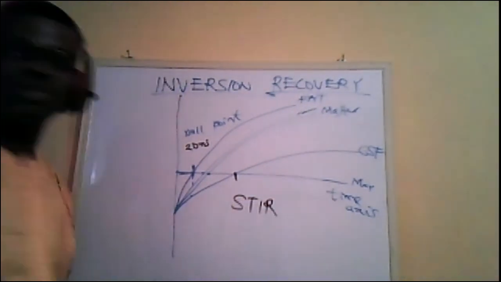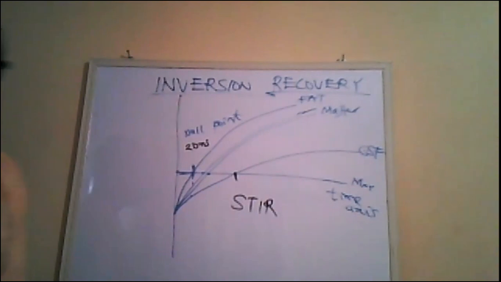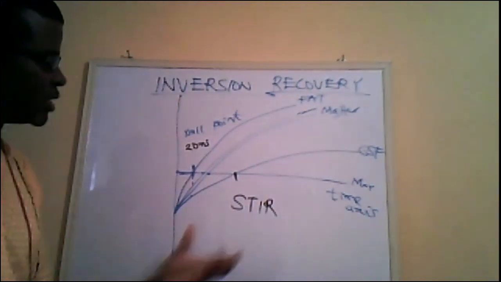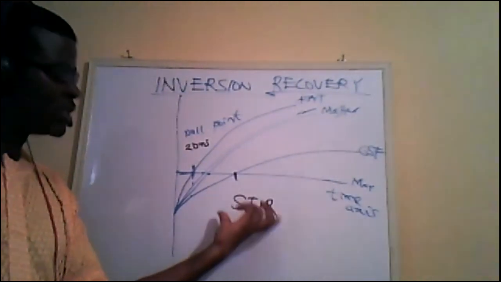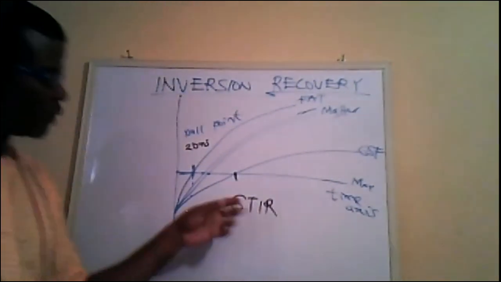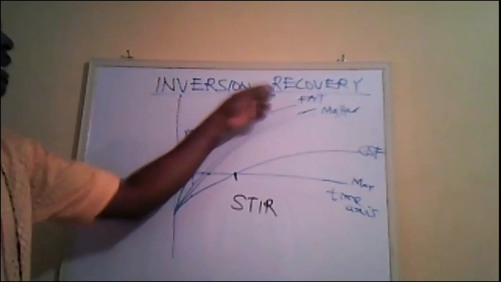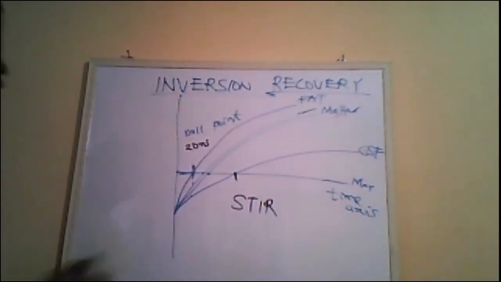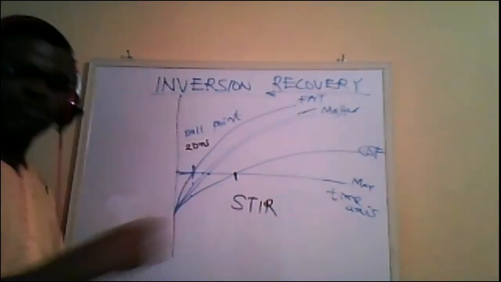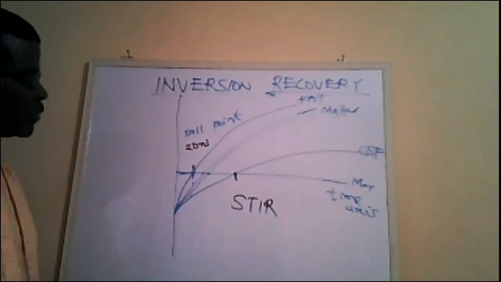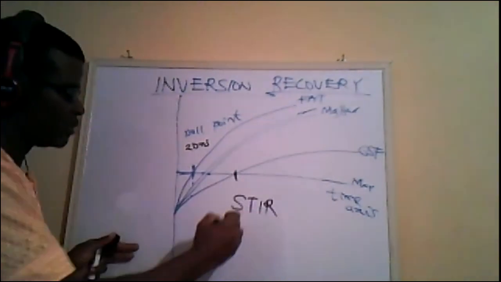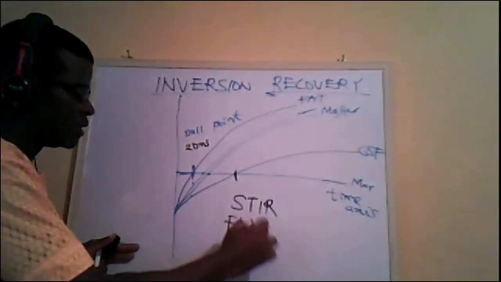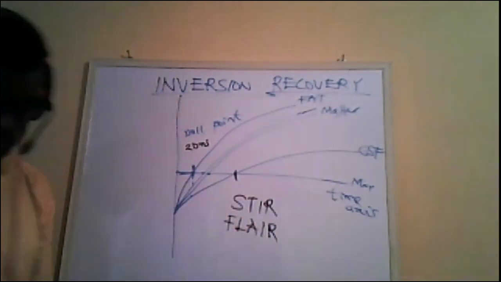Short tau inversion recovery. Whenever we see this sequence or term on an MRI image, we are talking about the fat being suppressed because it has a short inversion recovery time. Whereas this is our common FLAIR.